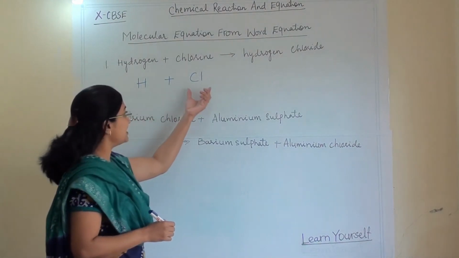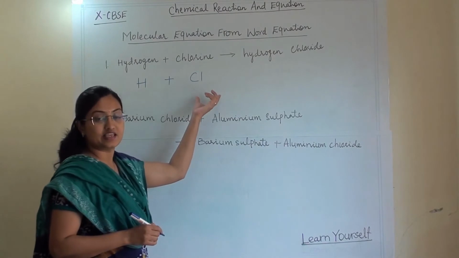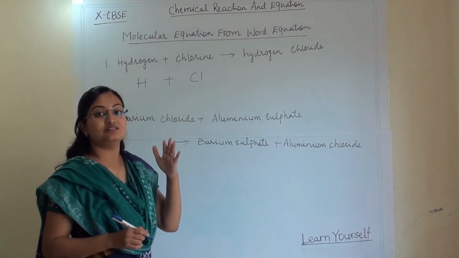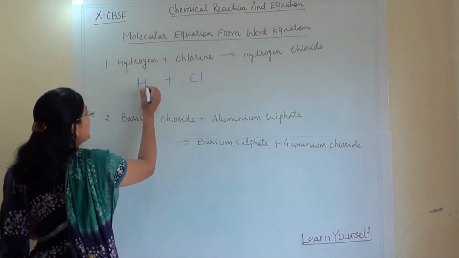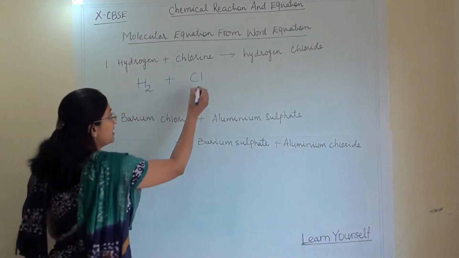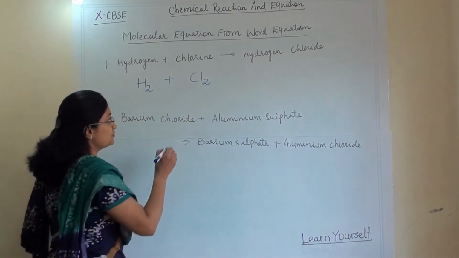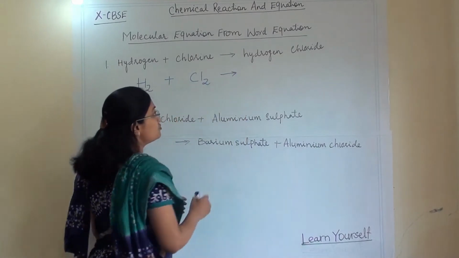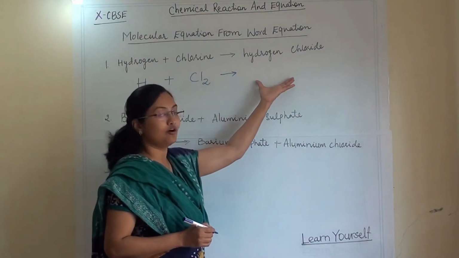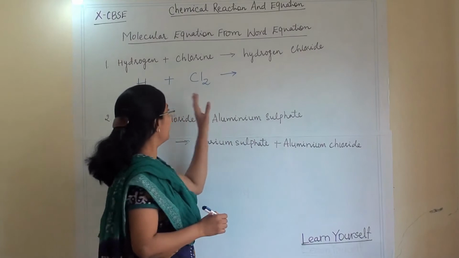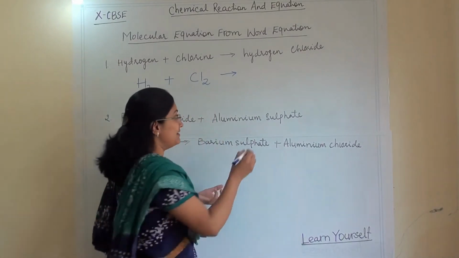Now we know that these two are gases, they cannot exist in single form. So it is H2 and Cl2. And here we need to write the molecular formula of hydrogen chloride when these two combine.